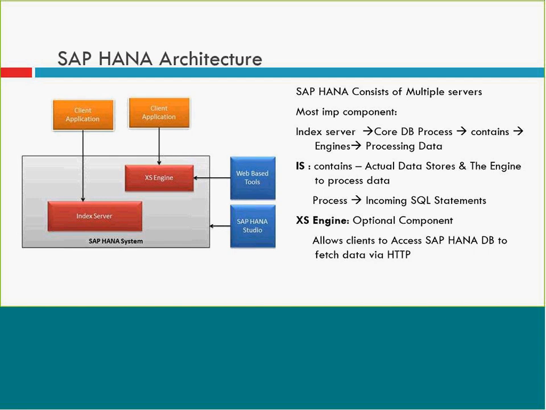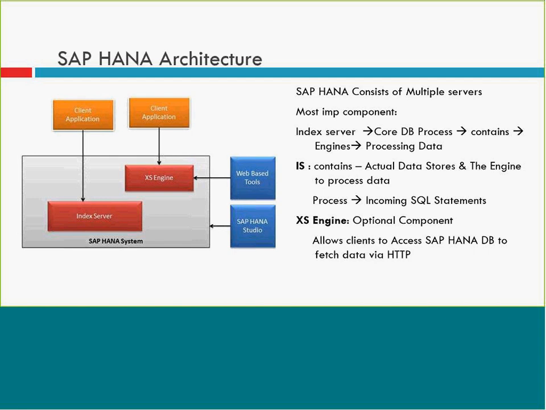The index server processes incoming SQL or MDX statements in the context of authenticated sessions and transactions. Then there is the XS engine. This XS engine is an optional component. The XS engine is a web application server inside a SAP HANA system.